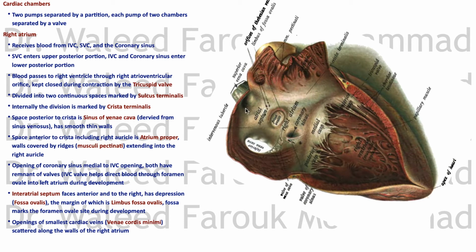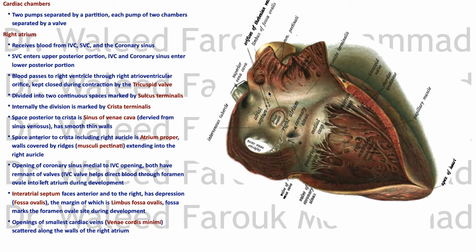We are looking at the inside of the right atrium. The right atrium, of course, receives its blood from the superior and inferior vena cava. These are the openings of the superior vena cava and inferior vena cava. You can notice a small valve, a remnant of a valve actually, in the inferior vena cava opening and the coronary sinus opening, which you can see here, just medial to the inferior vena cava opening.